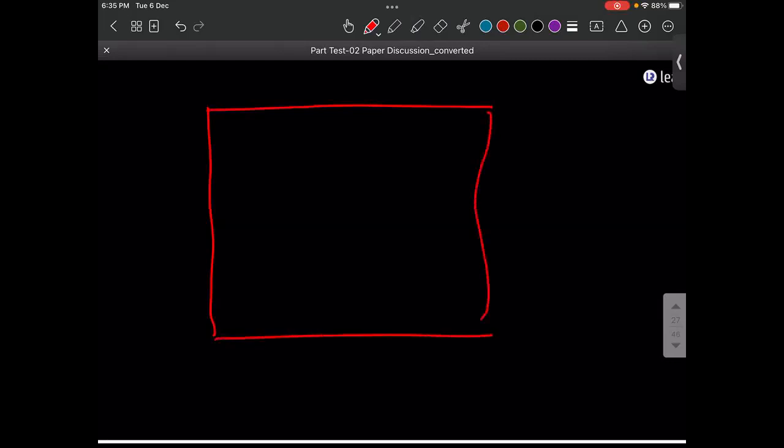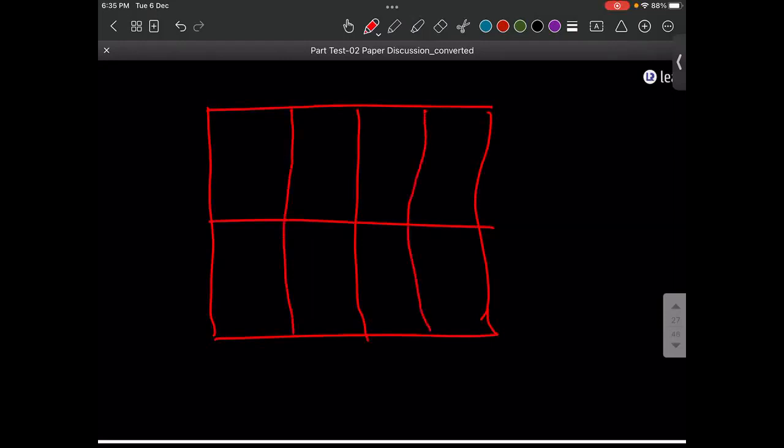Okay, so the Punnett square. Correct? Yes, for F2.